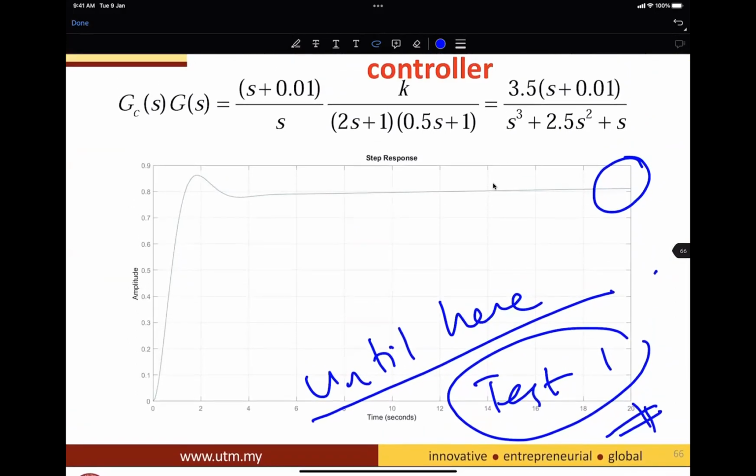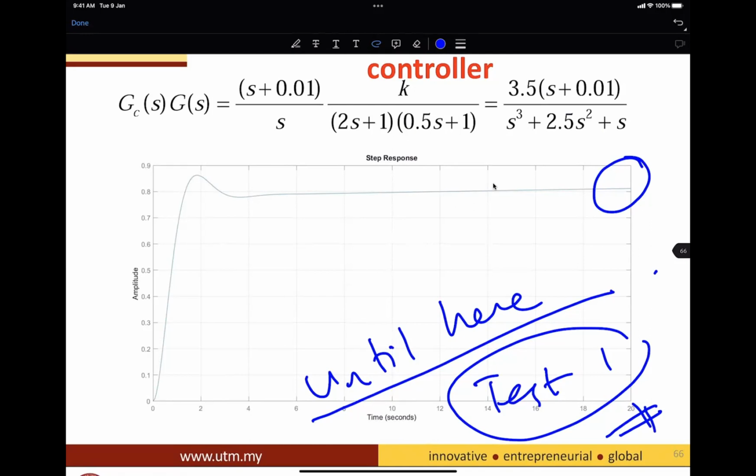Any question? Doctor, so the value of the zero we can choose on our own? Yes, you choose your own. You can choose 0.1, S plus 0.1, or 0.01, or even 0.02.